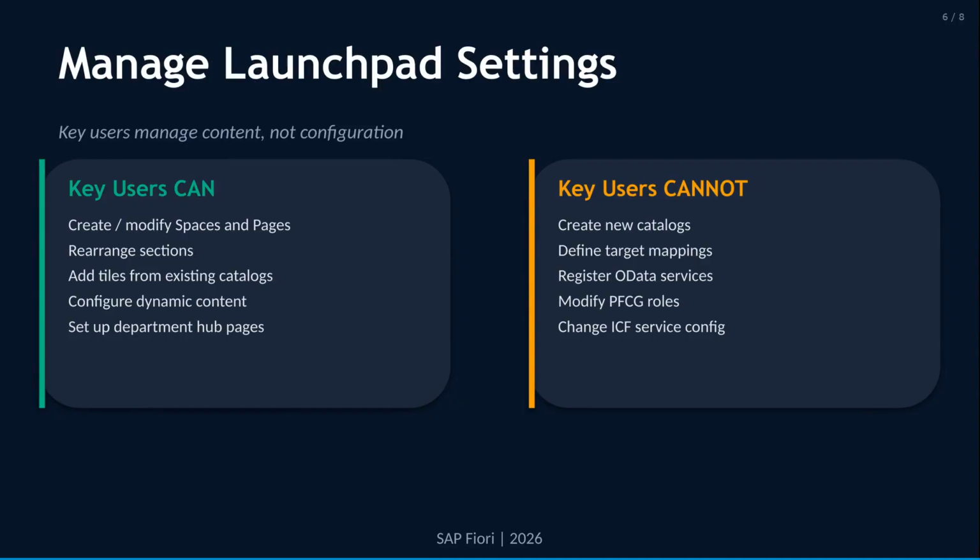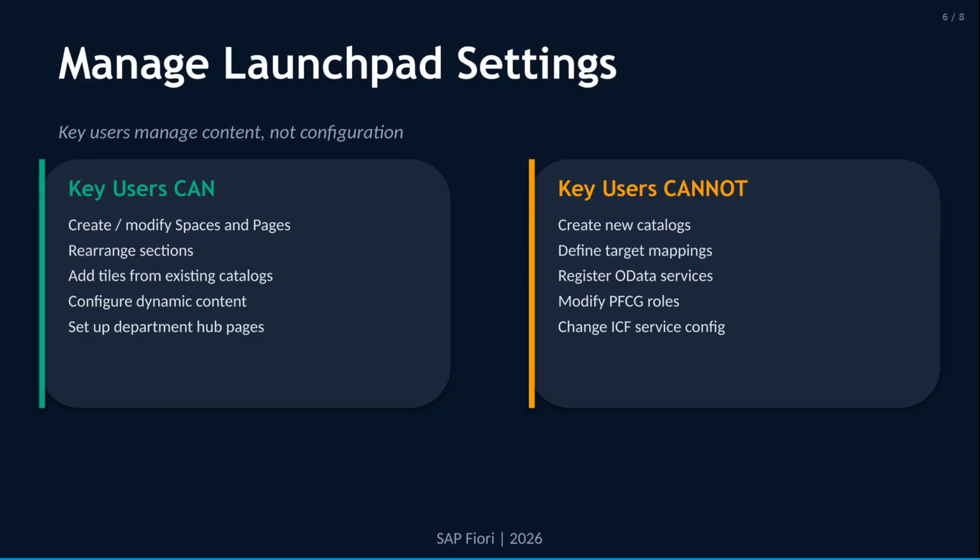The final piece is the Launchpad itself. With the Manage Launchpad Settings app, authorized key users can create and modify spaces and pages, rearrange sections, add tiles, and configure dynamic content. This means the purchasing team lead can set up a page with all relevant apps, KPI tiles, and links without opening a basis ticket.